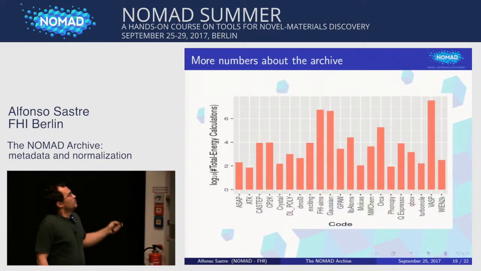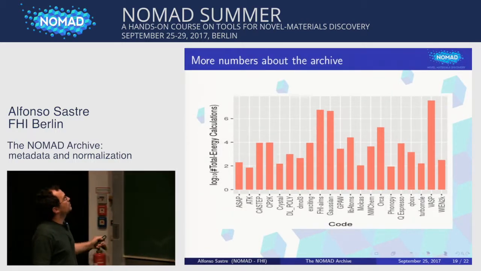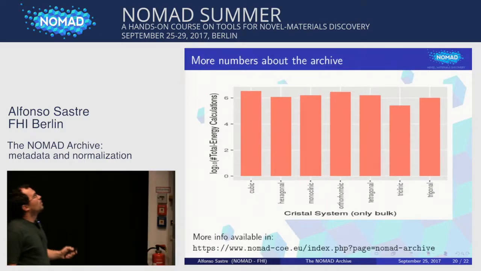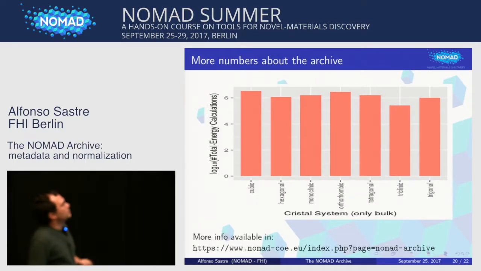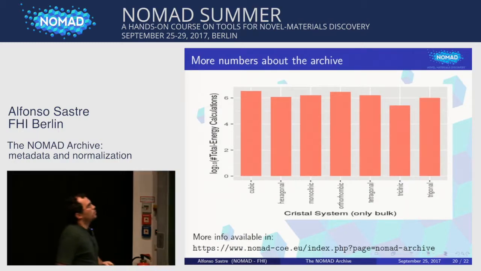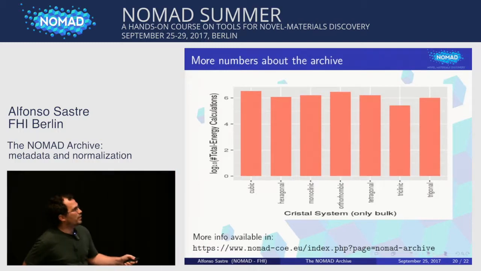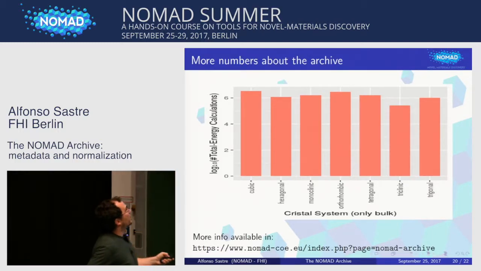Okay, so here you have the same distributed in terms of codes. Or, for example, you can query the calculations in terms of the crystal system. And this kind of plots or information you can also query here in this web page, where you can play a bit with the graphs.